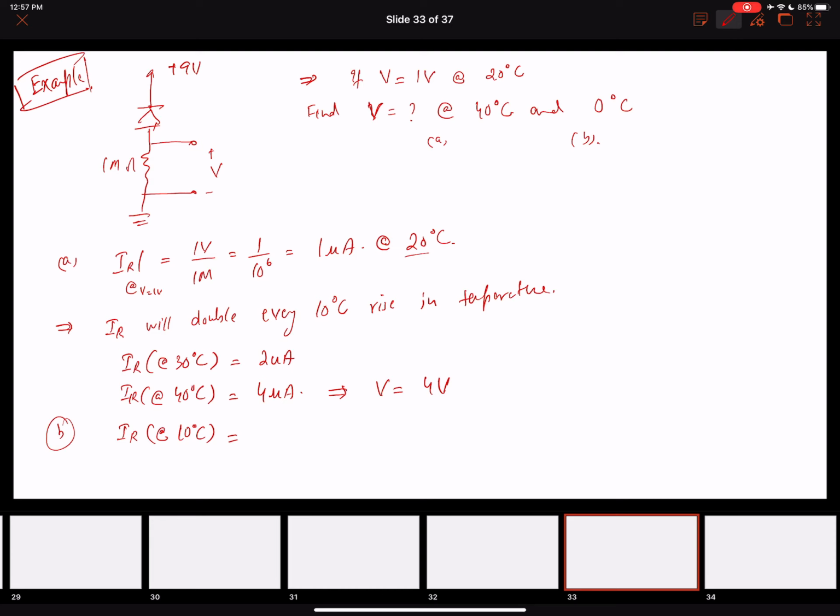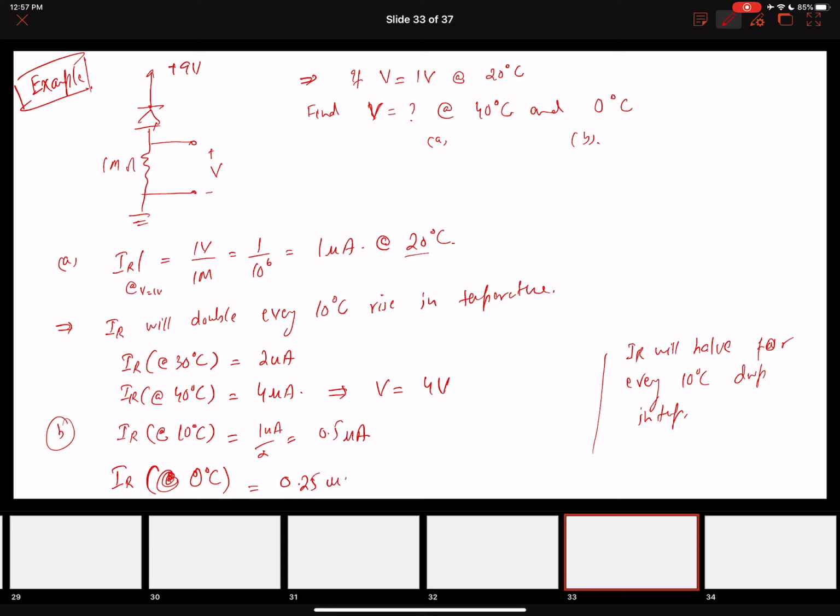So the reverse current at 10 degrees Celsius will be 1 microampere divided by 2, 0.5 microampere, and IR at 0 degrees Celsius will be 0.5 divided by 2, 0.25 microamperes. And the potential drop at that point across the resistor will be 0.25 volts.